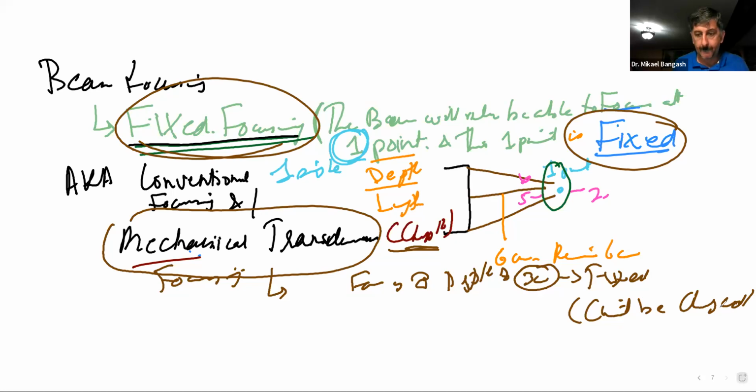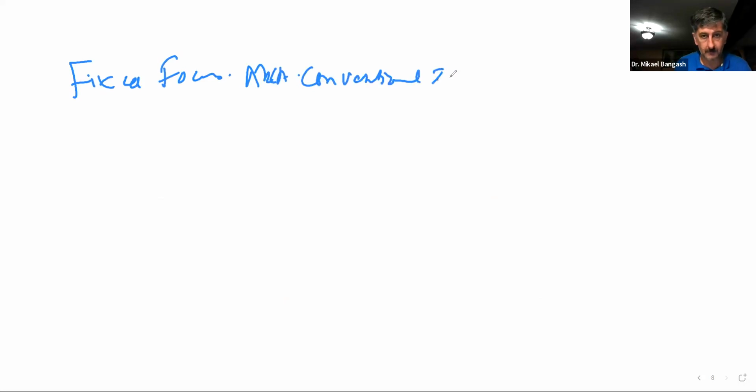Now, we can mainly do it this way and say: fixed focus, because it's also known as conventional focusing, or mechanical focus.